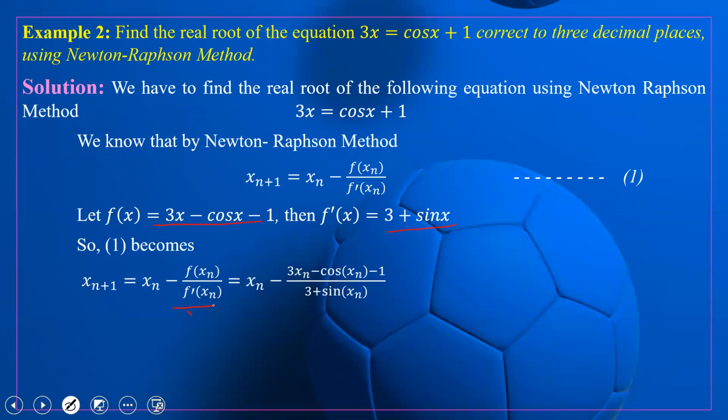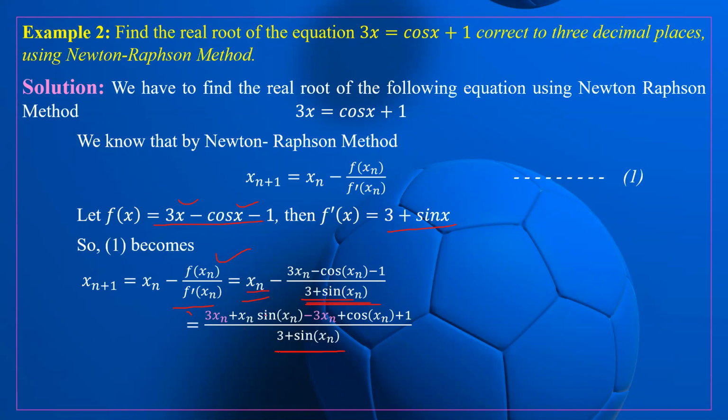So equation 1 becomes xn plus 1 equal to xn minus f of xn divided by f dash of xn. We are just putting the value of x as xn, so it is xn minus 3xn minus cos xn minus 1 divided by 3 plus sin xn. Again, let us take the LCM. Multiplying xn with 3 plus sin xn, we get 3xn plus xn sin xn minus 3xn, and this minus becomes plus.